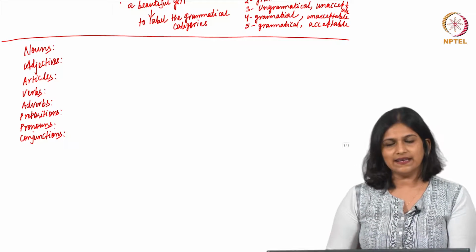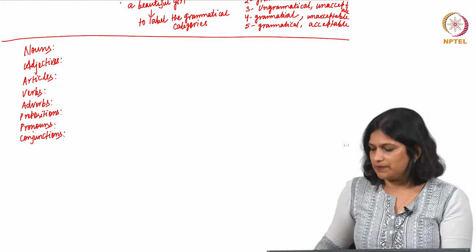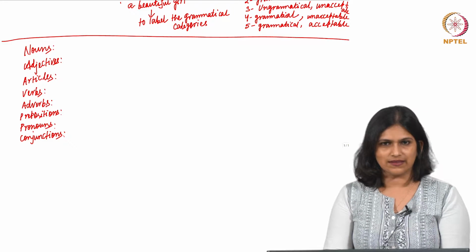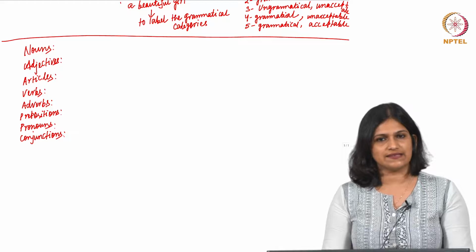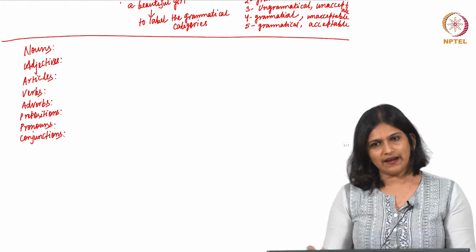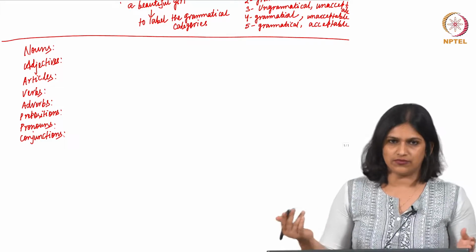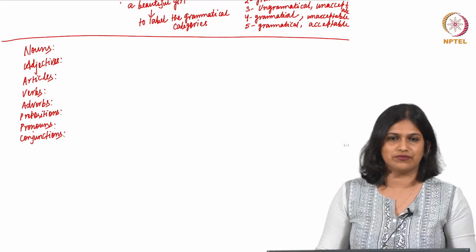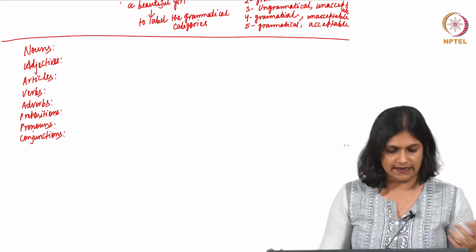So, now let us see how the prescriptive grammar or the traditional grammar has helped us to understand nouns, and then we will go to check if this understanding has any flaws, and if there are flaws, what are the means by which we can get rid of it. We cannot get rid of the nouns, but how we can get rid of the flaws, or how we can improve the understanding.